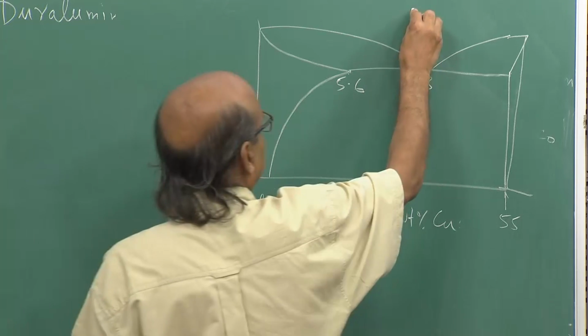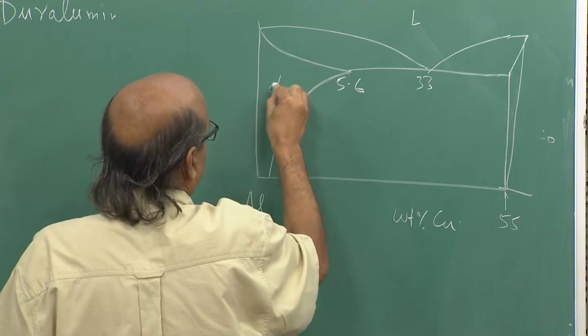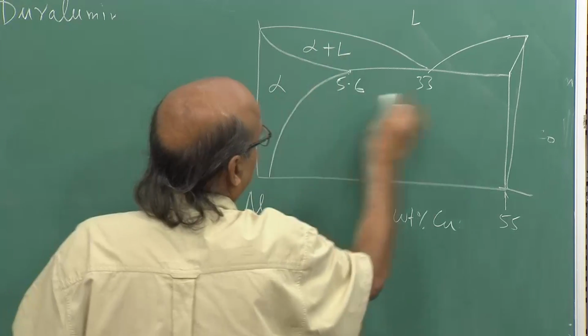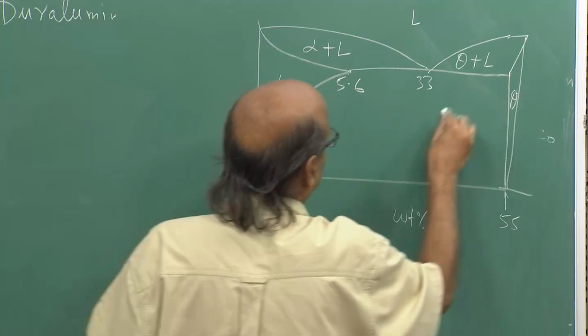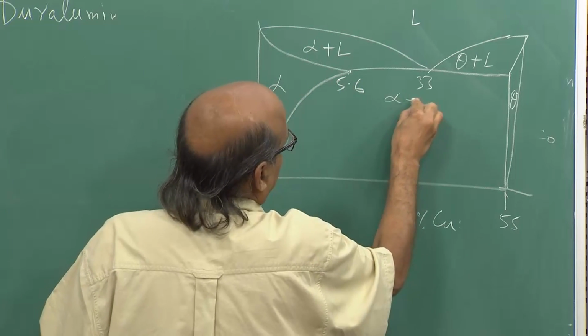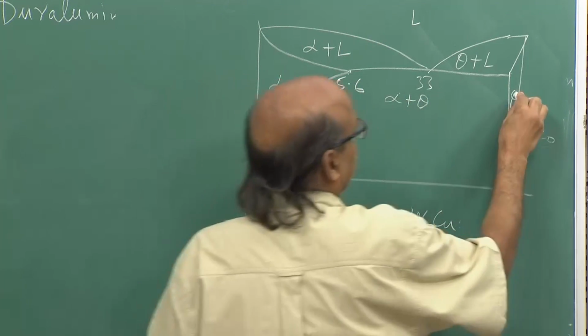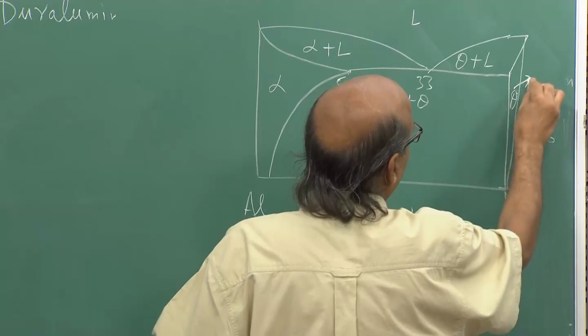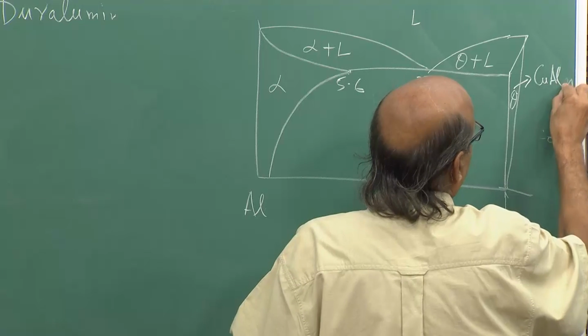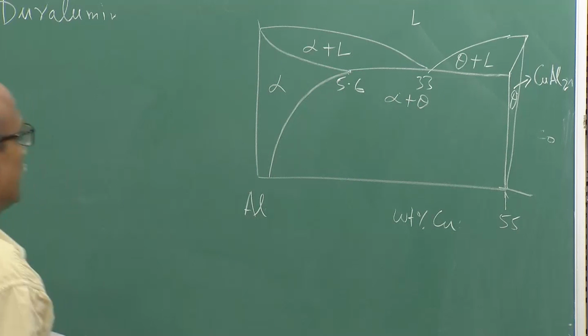If I label the phases, this is liquid, this is alpha plus liquid, this is a phase called theta plus liquid, this is theta, and out here is alpha plus theta. Theta specifically is the CuAl2 intermetallic.